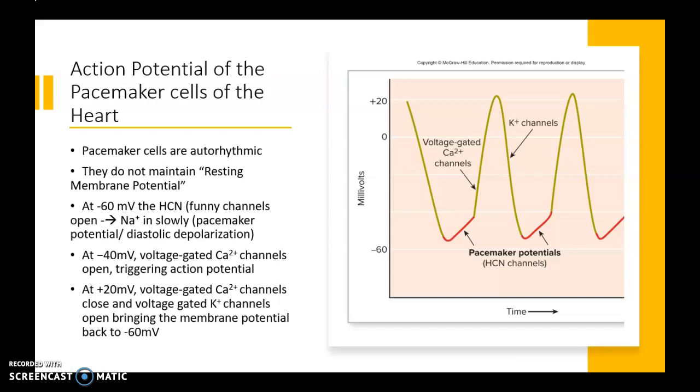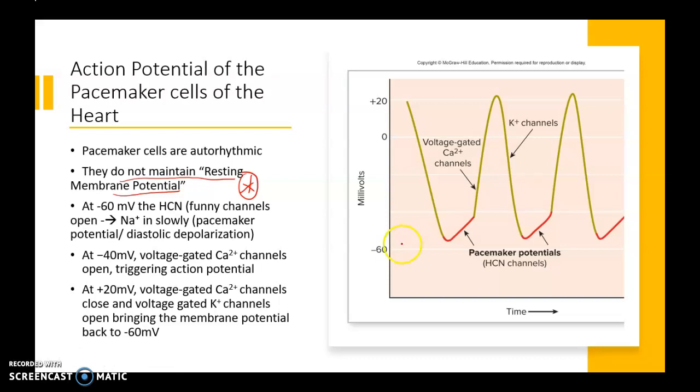These specialized cells of the heart, they do not maintain a resting membrane potential. This is something that you must remember. They do not maintain resting membrane potential. And the event starts at -60 millivolts.